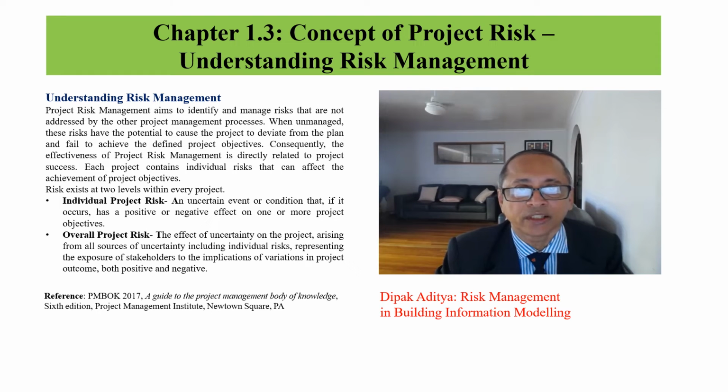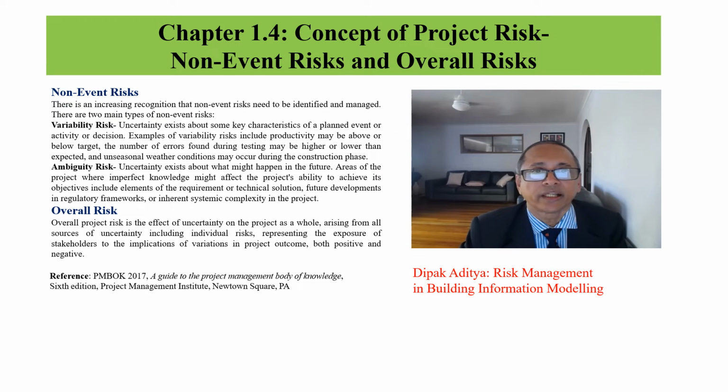Understanding risk management. Risk management targets to identify and manage risk to minimize the probability of risk. There are 2 levels of risk within the project, individual risk and overall project risk. The risk management approach covers both levels. There are non-event risks in the project as well. They are variable risk and ambiguity risk.